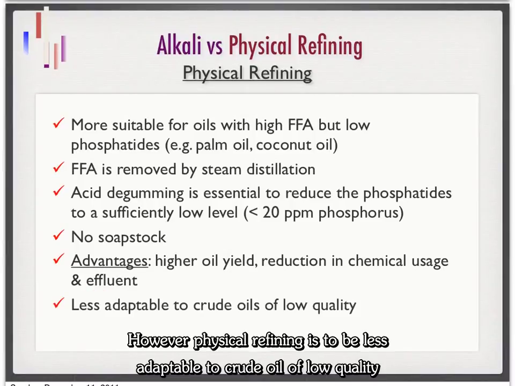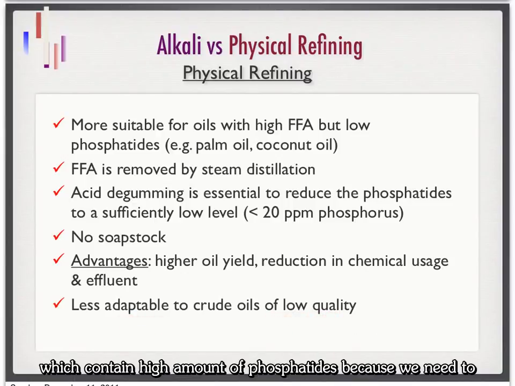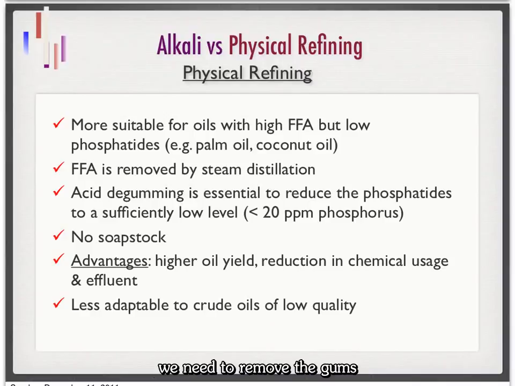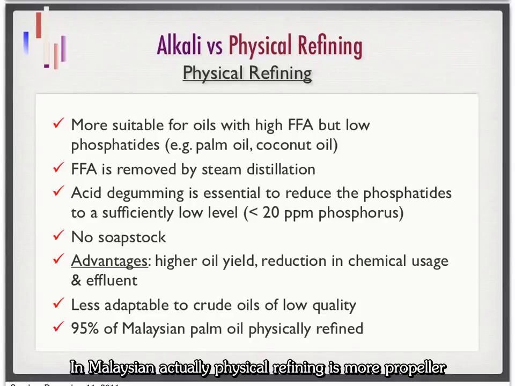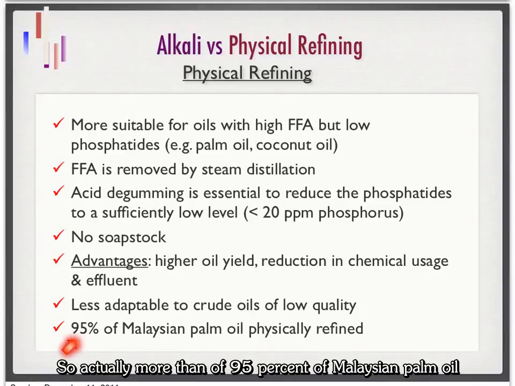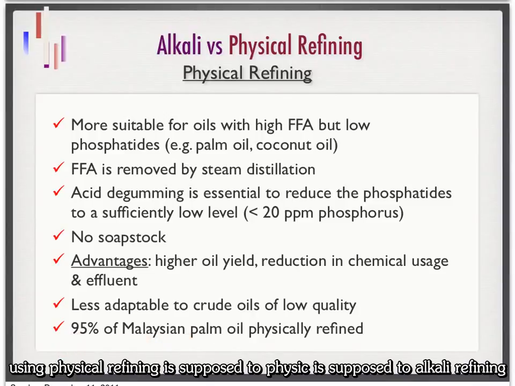However, physical refining is said to be less adaptable to crude oils of low quality, which contain a high amount of phosphatides, because we need to remove the gums in the degumming process, which can increase the losses of the oil. In Malaysia, actually, physical refining is more popular. More than 95% of Malaysian palm oil uses physical refining as opposed to alkali refining.